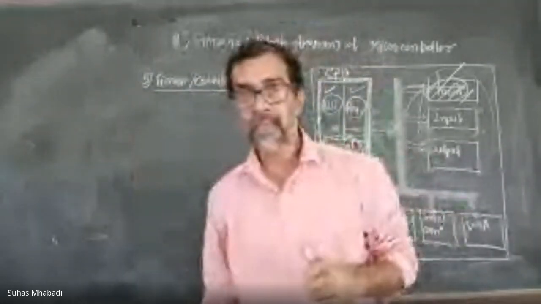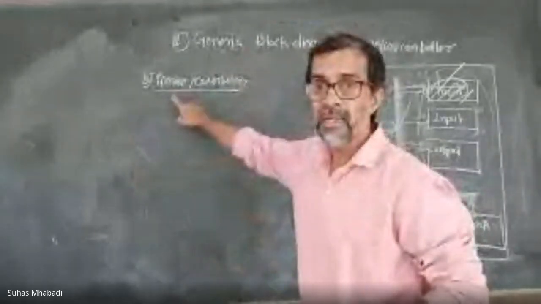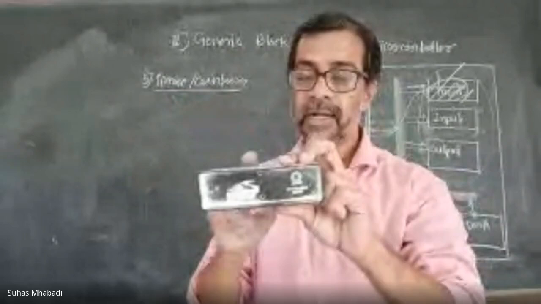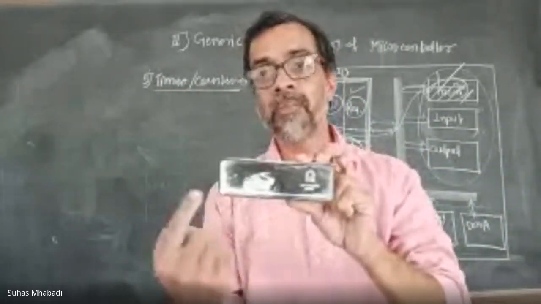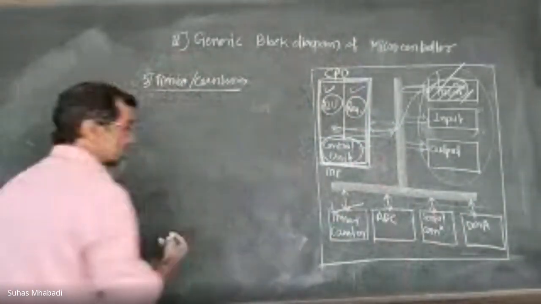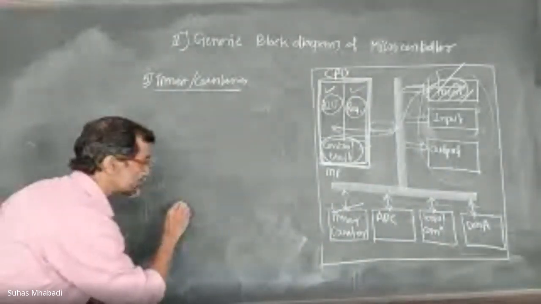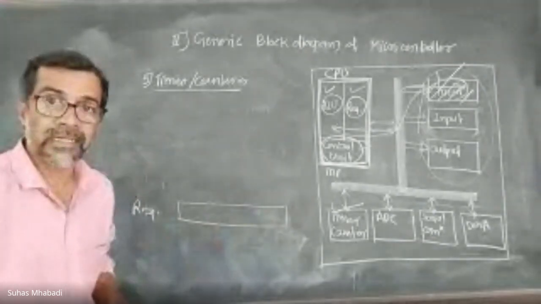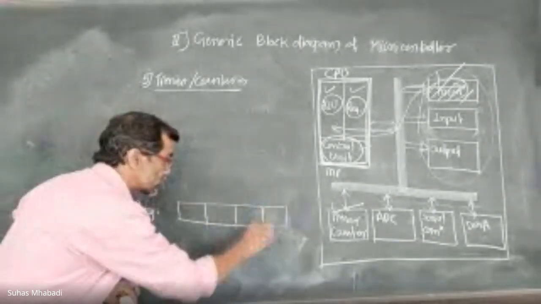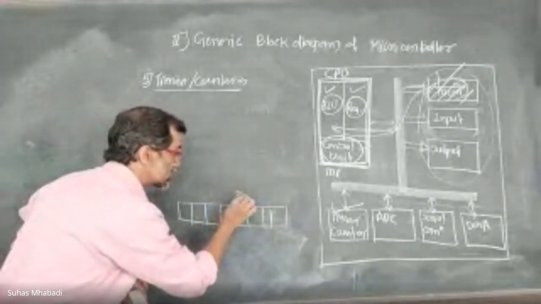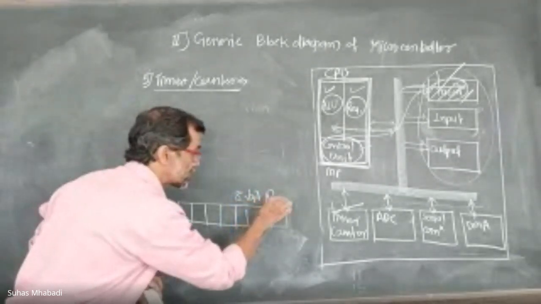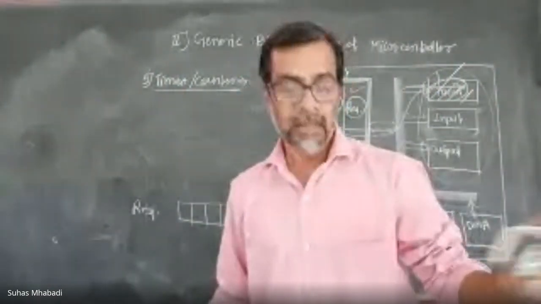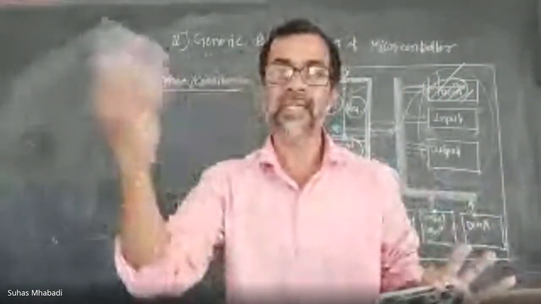In a similar line, when I want to discuss timer or counter, this is again a register, which may be of 16-bit or 8-bit. So this is nothing but a single 8-bit register. Of course, all are registers, but the work assigned to every register is different.